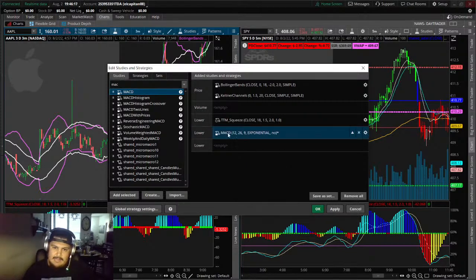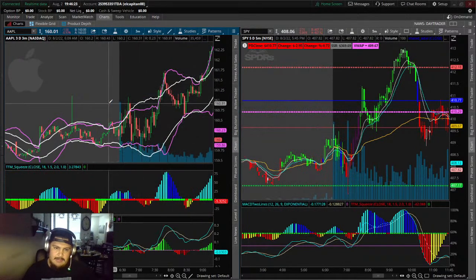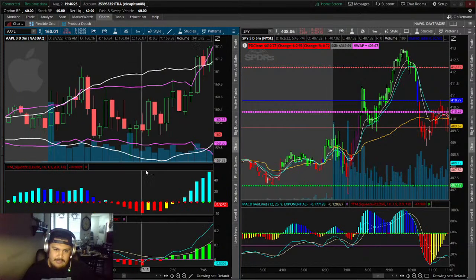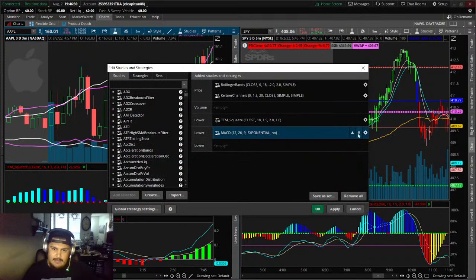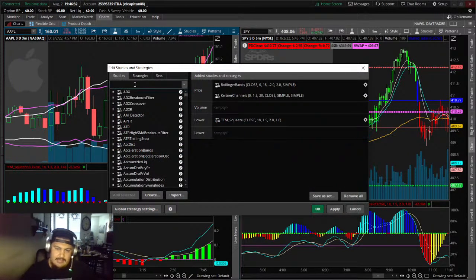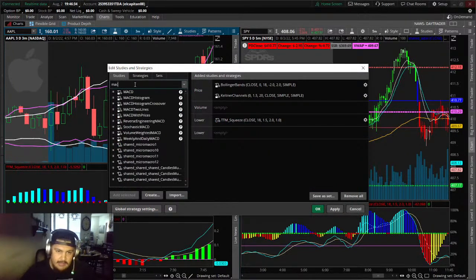And I leave it at default settings, and you press apply, right? So now, oops, I did this wrong. Sorry, one second. I'm over here saying don't use the whole thing, and I put the whole thing. So this one right here that says MACD 2 lines, don't do what I just did and put the whole MACD in there with the histogram, okay?